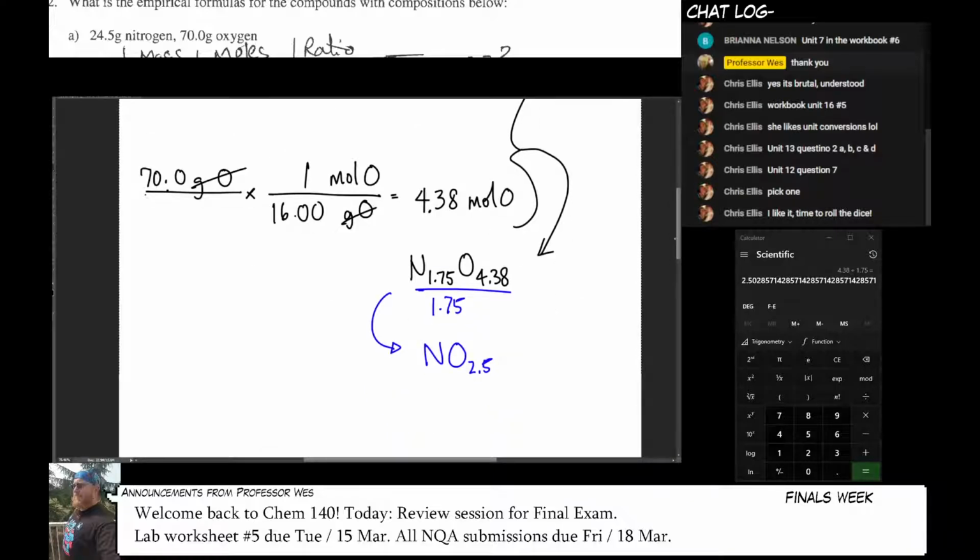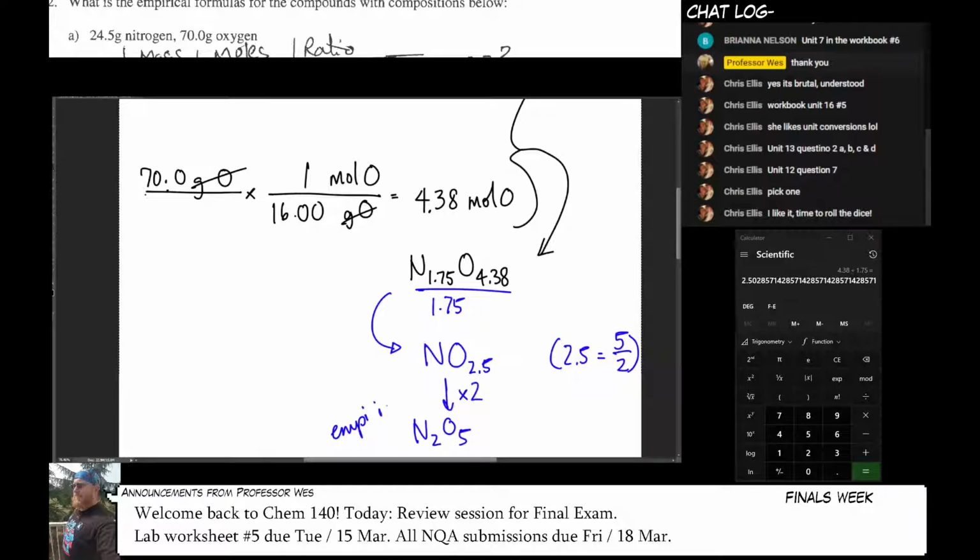Real close to 2.5 even. 2.502. So we can't have fractions. 2.5 is the same as me writing this, right? So if I multiply by 2, I would clear the fractions. So we're going to do that. And that's what you get. So there's the empirical formula.